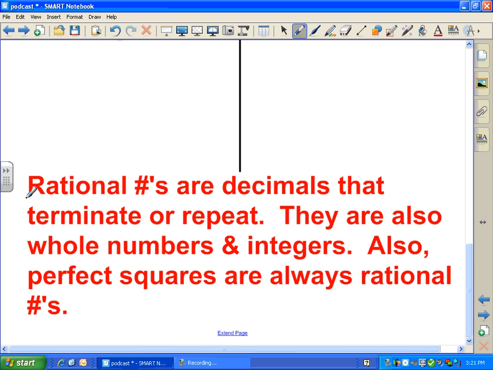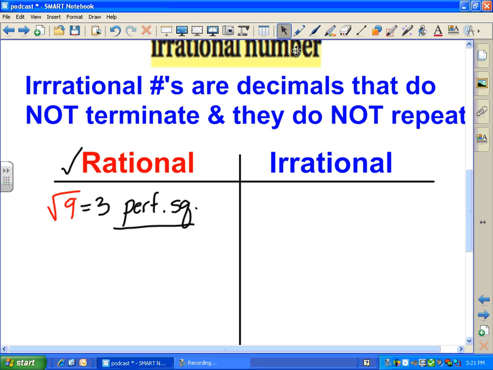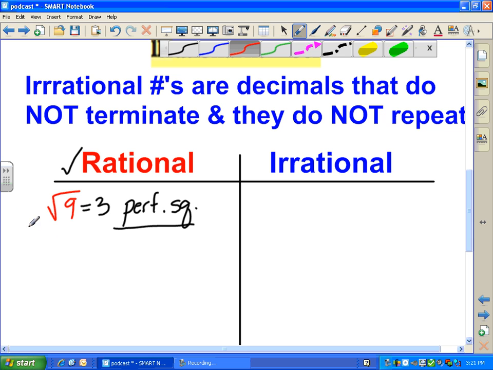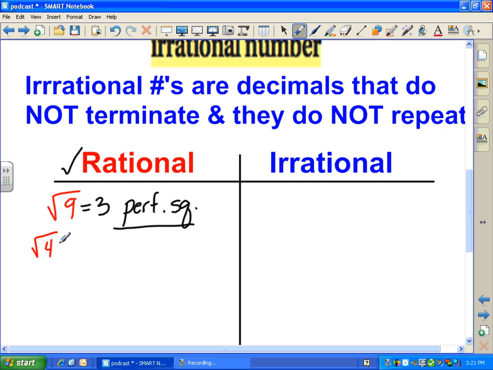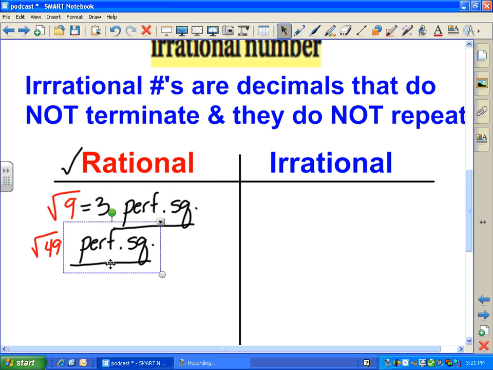Right here. Rational numbers are always perfect squares. So if you said, Mr. Phillips, what about the square root of 49? Well, 49, by definition, is a perfect square. Perfect squares are always rational numbers.